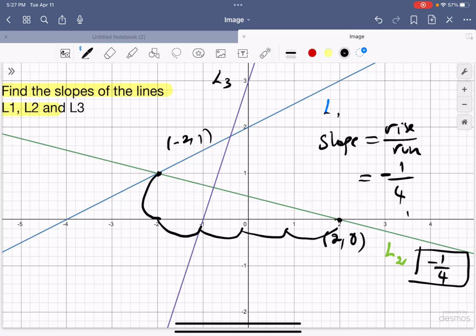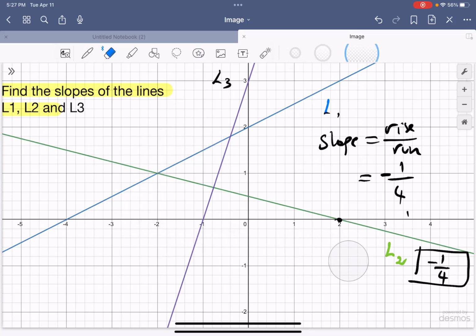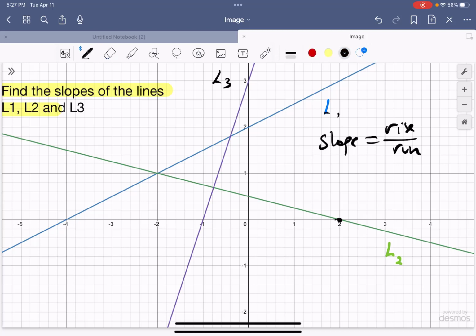So now we're gonna go to the next one, which is the slope for L3. So L3, which is the purple line. So I'm gonna choose these 2 points: I have here (-1, 0), and the next one, which is (0, 3).